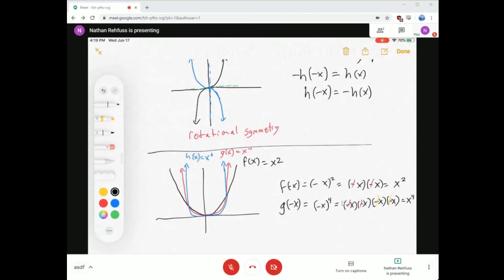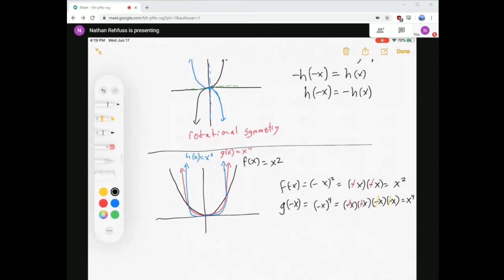And with x to the sixth, there'd be three pairs of minus signs that cancel out. So the trick is, as long as I've got an even power here, I'm going to get the same function back. So x squared and x to the fourth and x to the sixth, for that reason, any function with horizontal symmetry is called an even function.